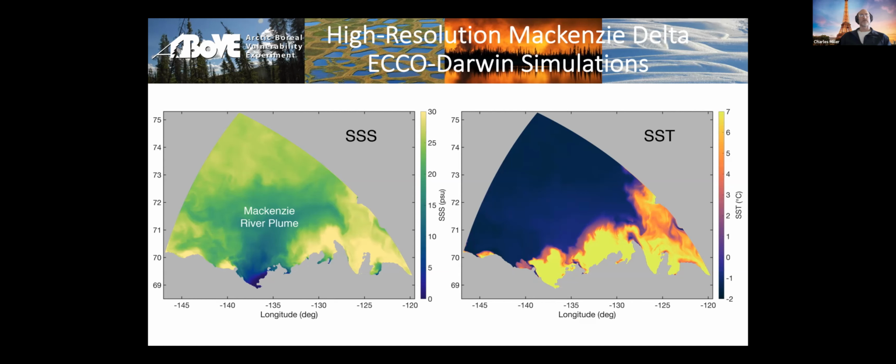And we're running this with specialized Mackenzie River runoff models. And also we have fully coupled data assimilation for the ice at the same time. And so we can look at and simulate all of these during the ice retreat, and during the ice advance in the fall, and look at the full seasonal simulation.